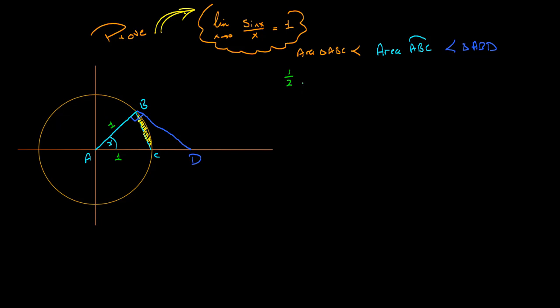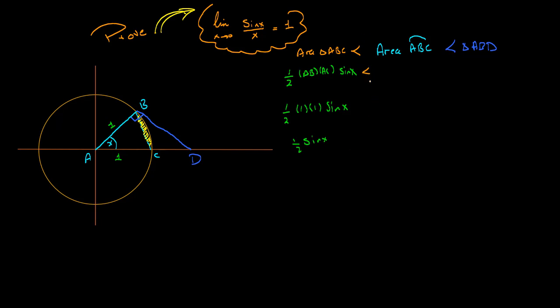So it's half of AB times AC times sine x. Since AB and AC both equal 1, it's half sine x. This is the area of the triangle ABC.